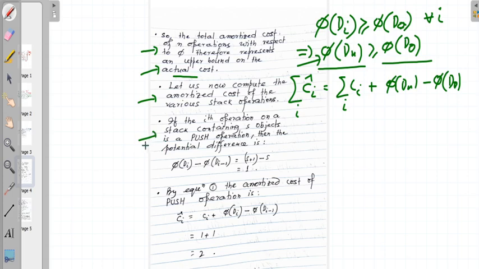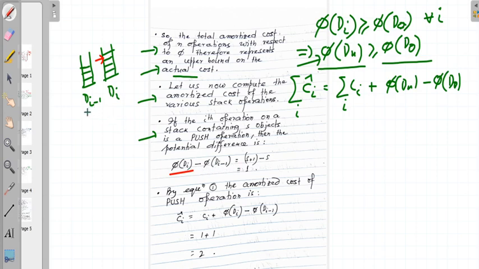If this is the stack Di minus 1, and one push operation happens, one more element is added here. What will be the change in potential? Phi of Di minus phi of Di minus 1.